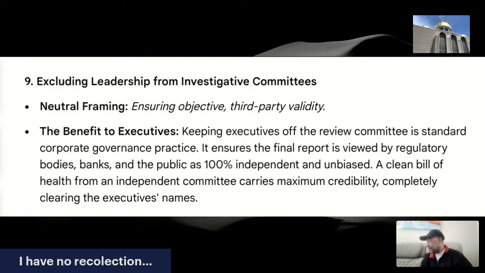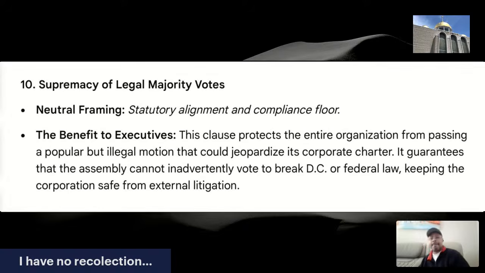Let's go to the next frame. Supremacy of legal majority votes. Statutory alignment and compliance floor. This clause protects the entire organization from passing a popular but illegal motion that could jeopardize its corporate charter. We want to make sure we protect, we want to do the things that we need to do so that we can move forward.